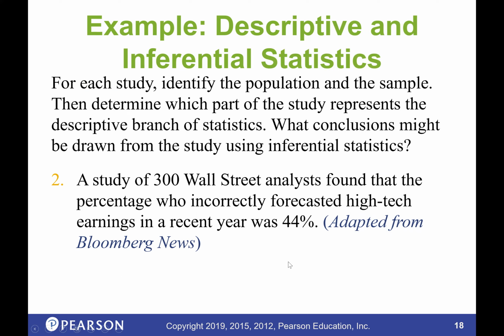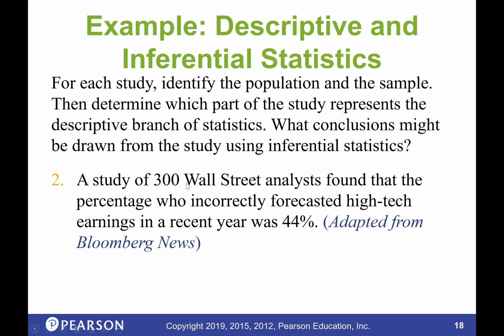So a study of 300 Wall Street analysts found that the percentage who incorrectly forecasted high-tech earnings in the recent year was 44%. Okay, let's go with it. And what is the population? Population is all Wall Street analysts ever.